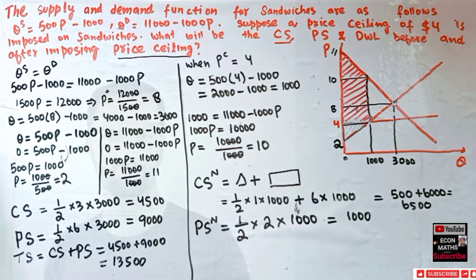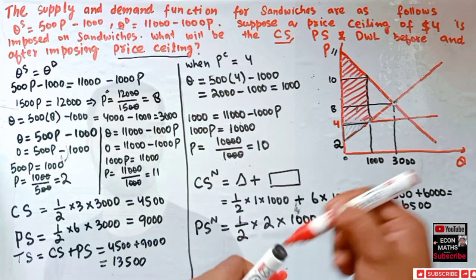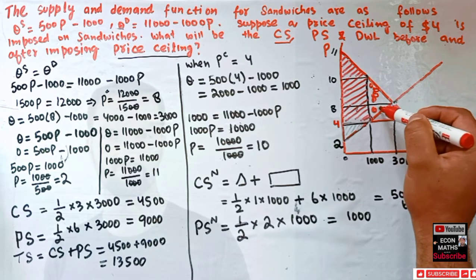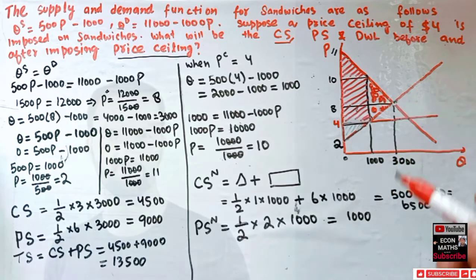But when the market forces are not allowed to function properly and efficiently, then we have deadweight loss. And deadweight loss in this case is the area of this triangle.